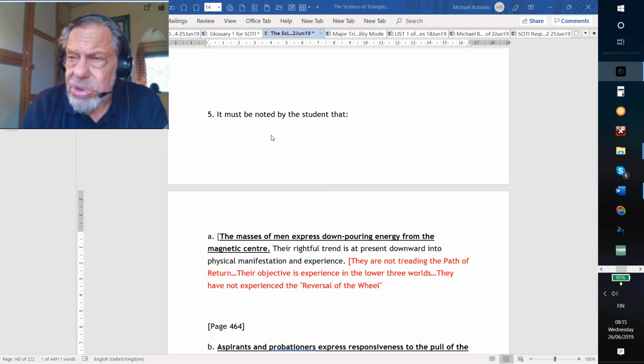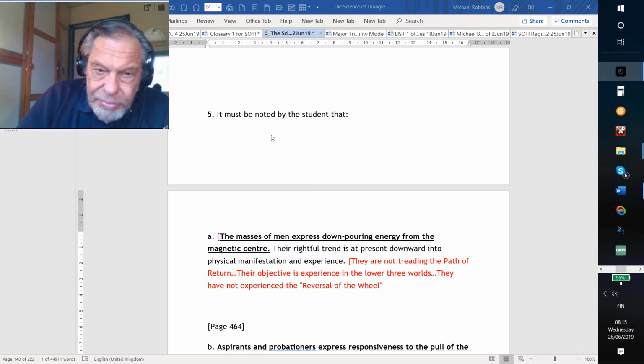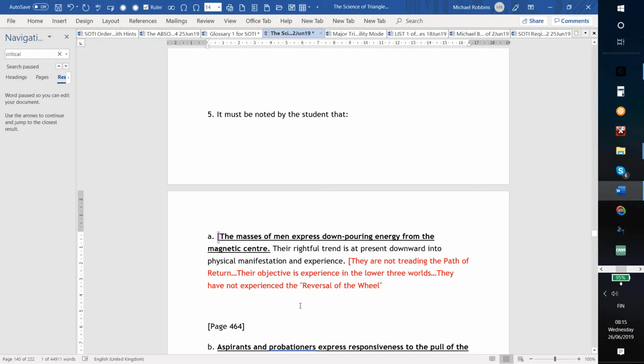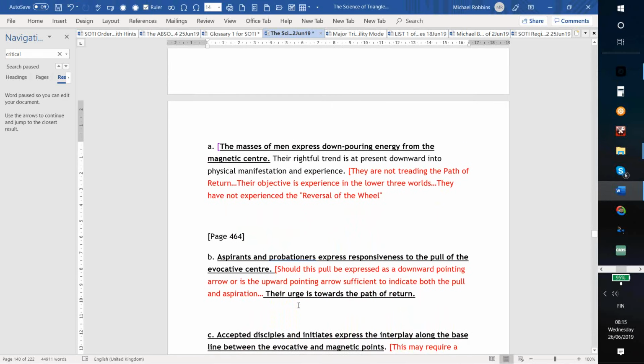There's no use hoping for response from someone for whom it is not the next step. So anyway, the masses of men from the magnetic center, and here we are ourselves as aspirants and probationers. That's the next step. Aspirants and probationers express responsiveness to the pull of the evocative center.